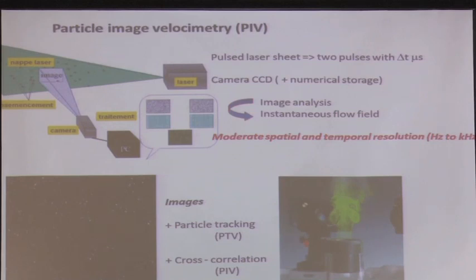So you are going to choose particles with a very low Stokes number. And then the choice will be the smallest particle possible. If they are too small, then they cannot reflect a lot of light. So this is the constraint. So we are going to take as small a particle as possible, but they need to be big enough to blink and to give you the signal of light to be able to see that with a camera or with a microscope.